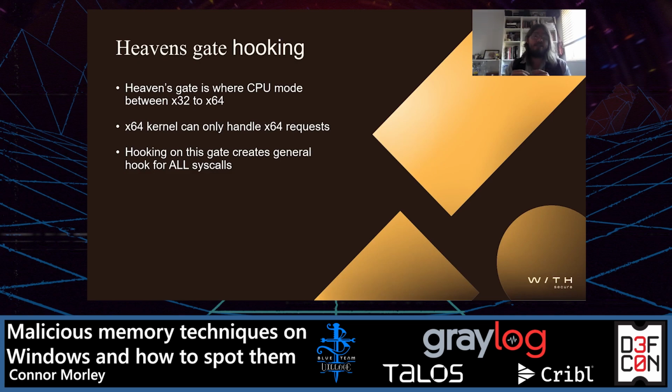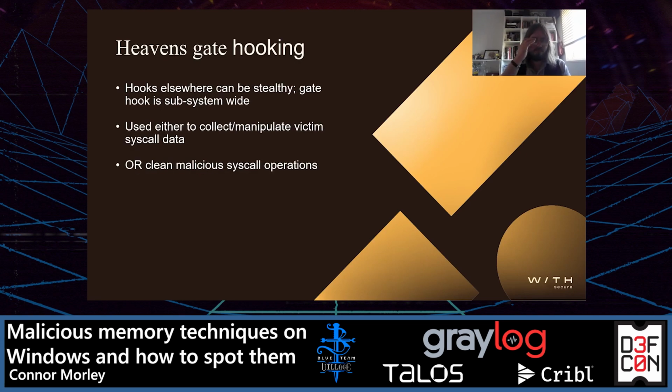And because of this, hooking on this particular element means that you can monitor all syscall events from an x32 process running WoW64, regardless of what it is. So instead of being a targeted hook for particular functions, you're hooking every syscall that process is making. As we saw earlier, hooks elsewhere can be stealthy.